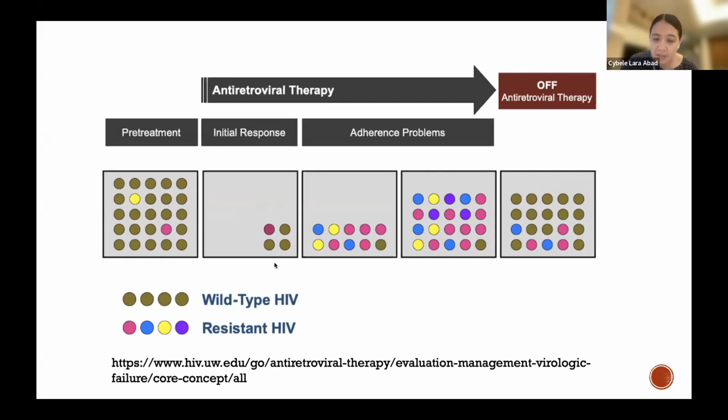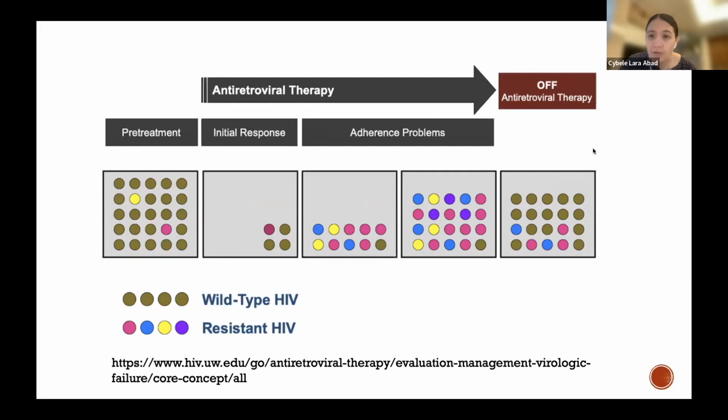A lot of the susceptible wild type virus gets killed off, and the one that's left behind is your resistant virus, as shown here in pink or maroon. Then when you have adherence problems, you will build resistance. Only the drug-resistant virus will start to grow, and it will grow a lot over time because you're not taking your meds correctly. And then you stop antiretroviral therapy, just like our patient.